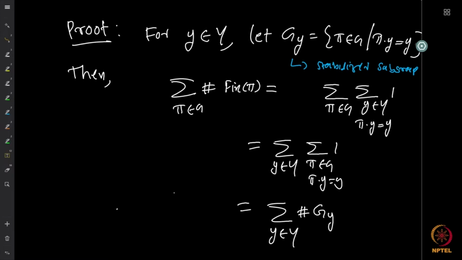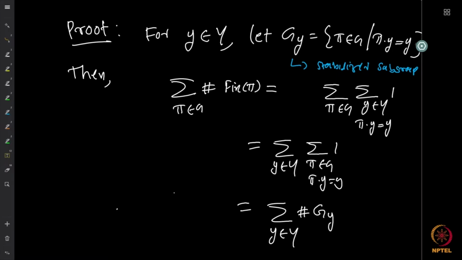That cardinality can be obtained by summation over y in Y where π is fixing y. But now I can change the order, because I can as well count for each element how many permutations fix it. So I can write it as summation over y in Y, summation over all permutations π in G, where y is fixed by π.